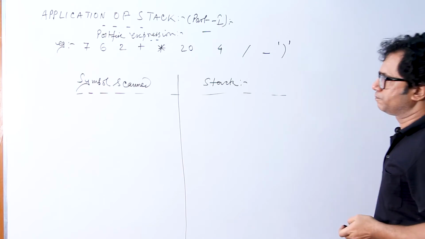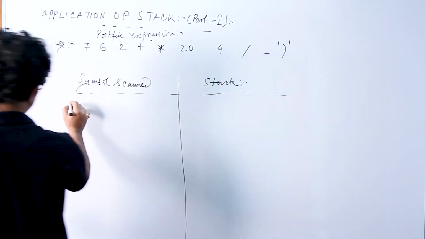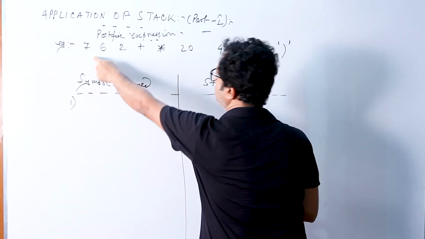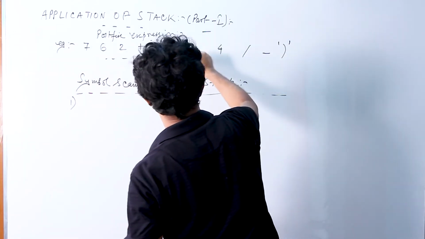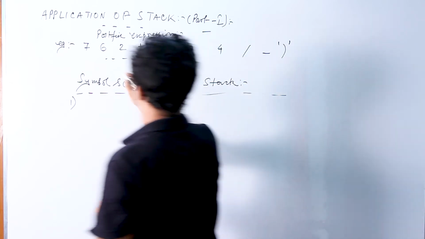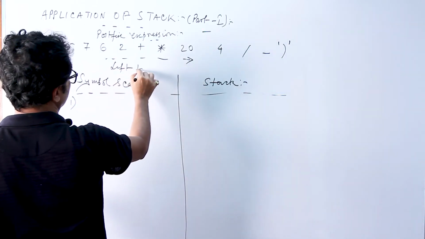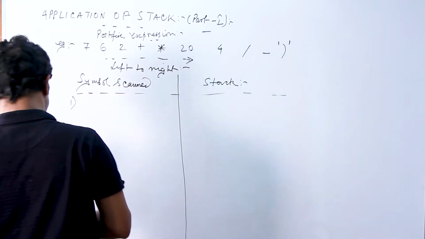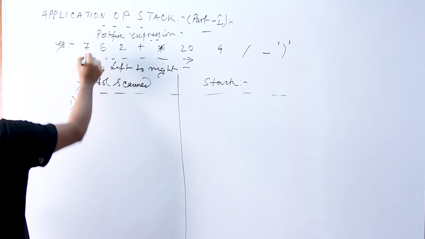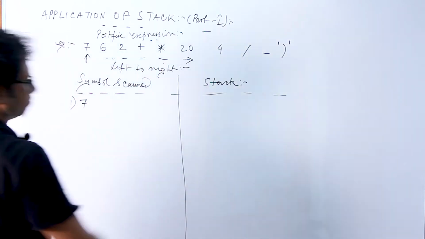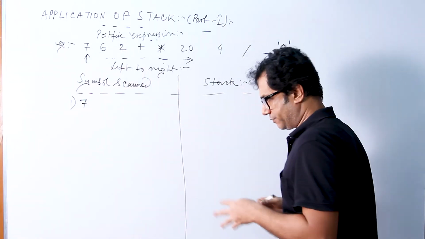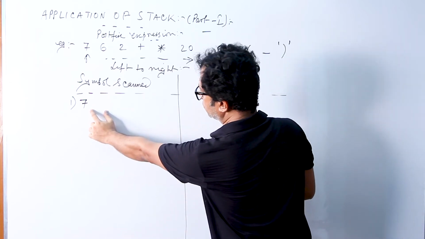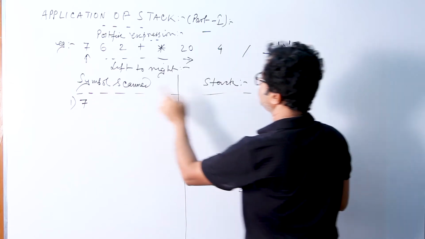So we have added this right parenthesis on the rightmost portion of the entire string, which is given in the postfix form. Now, step number one: symbol scanned, and we will start scanning from left to right. First, we will scan this 7, and we see that it is an operand, so we will push this operand to the stack.